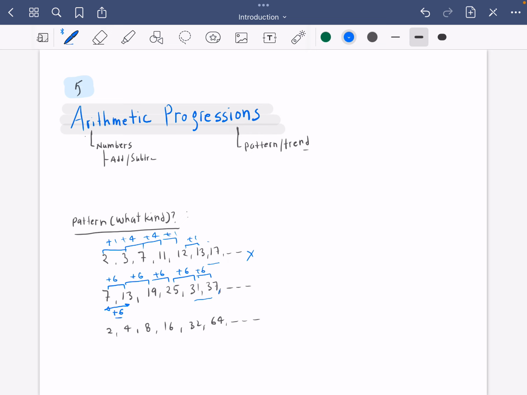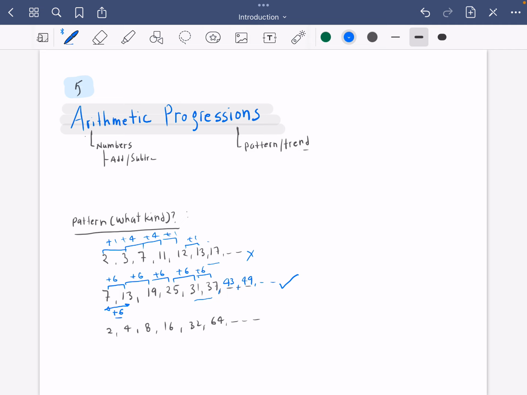It is going to be 43, the next number 49, and so on. So definitely here's a pattern. So is it going to be an arithmetic progression? Maybe, because there is a pattern, and you can obtain the next term, or any term, by adding 6 to the previous term.